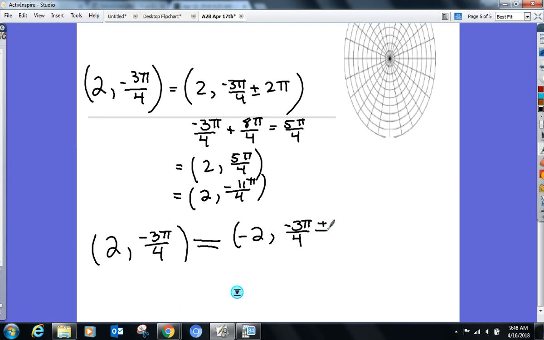What's pi the same as with a denominator of 4? Because remember, I want it 4, right? But something that's equal to pi. 4 over 4. Because watch, reduce, what do you end up getting? Pi, right? Okay. See if you guys can find that.